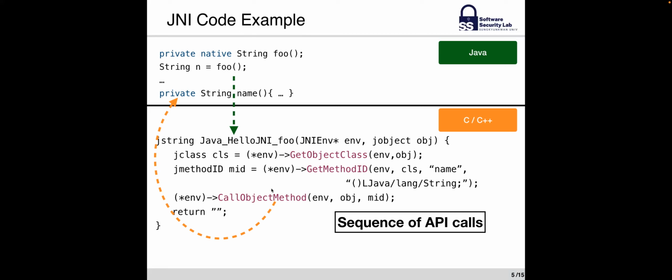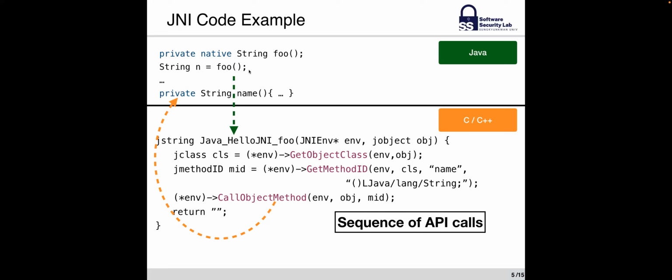On the other hand, native code can also call Java methods. In this example, it tries to call the Java method name. But this native code looks more complex than the Java code.